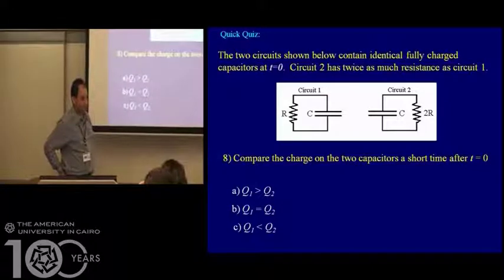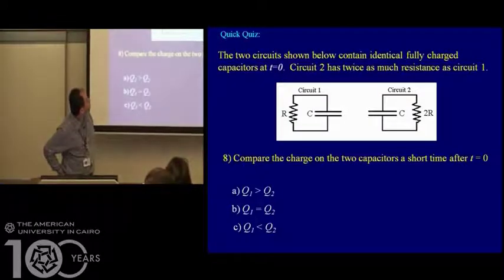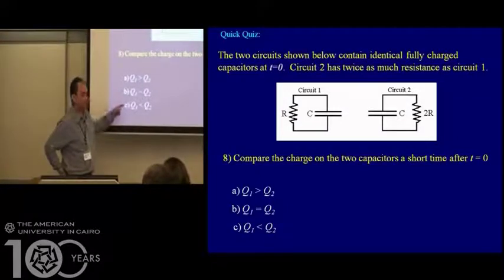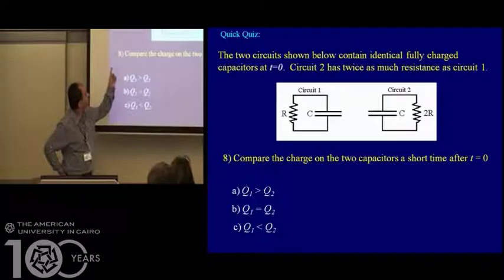Q is equal to Q max. Yeah, that's true. At time equal to 0, the charge in the capacitor is the maximum charge. And if they have the same capacitance, same everything, then they should have the same maximum charge.